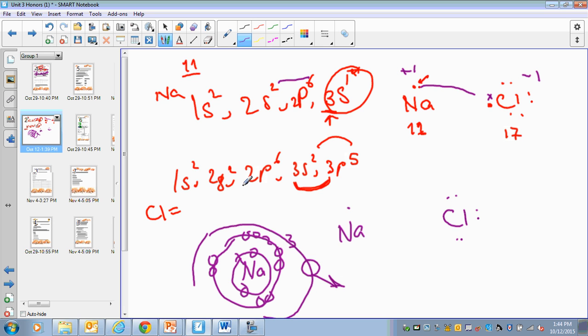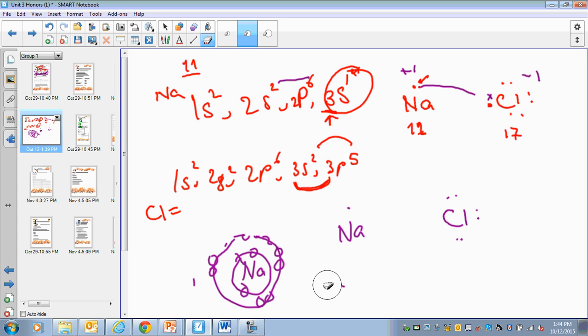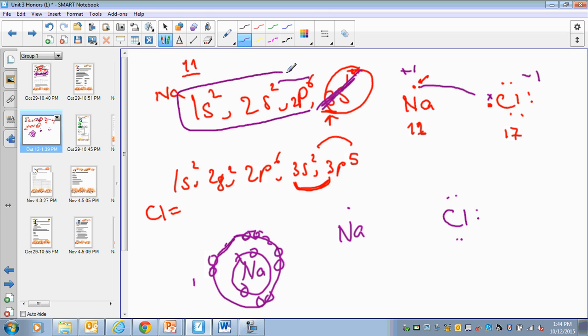When sodium loses that electron, what is left? That energy level was there because the electron was revolving in it. When that electron is gone, the second energy level becomes the outermost energy level, and it already has 8. So this is sodium positive 1, because sodium lost an electron.